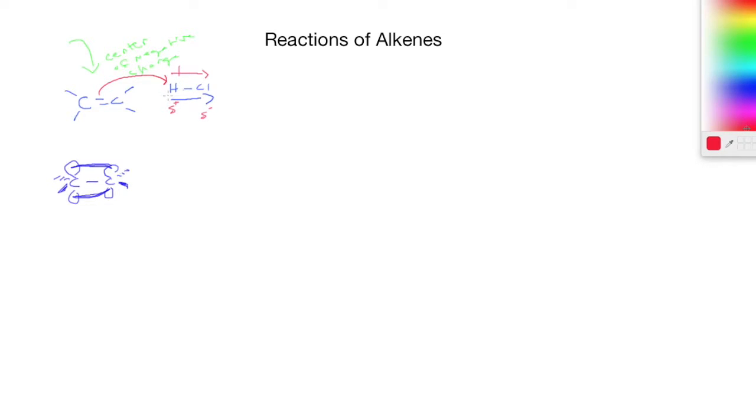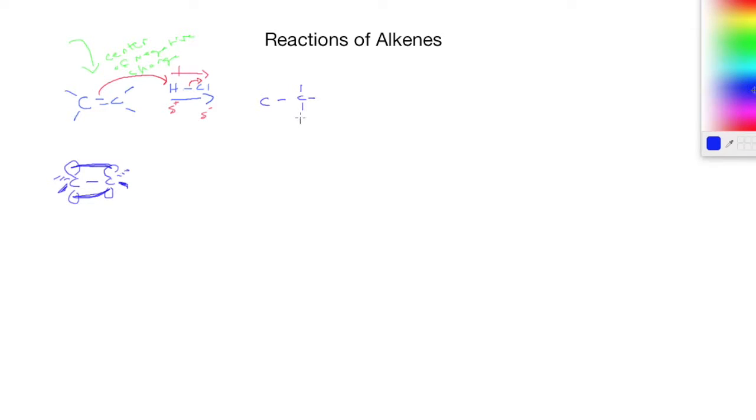But now that this hydrogen is being attacked, its electrons that are in between this bond here need to go to the halogen. So they're going to move over here, over to the halogen that we have. And so we draw this now representing something that looks like this.